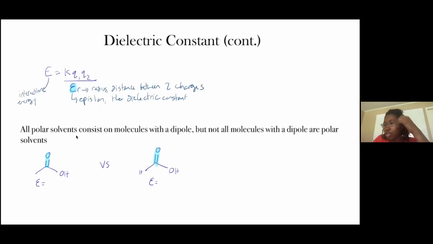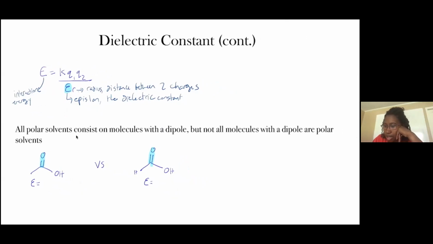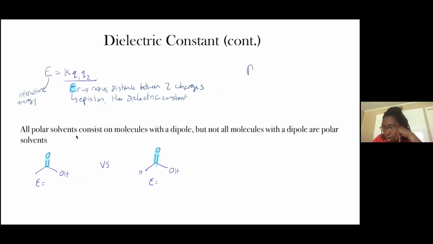So as you might notice from this equation, the interaction energy and epsilon, the dielectric constant, are inversely related. When one of these is big, the other one must be super small, and vice versa. So let's think about this in terms of solvents. We know that polar solvents have a pretty big epsilon value.